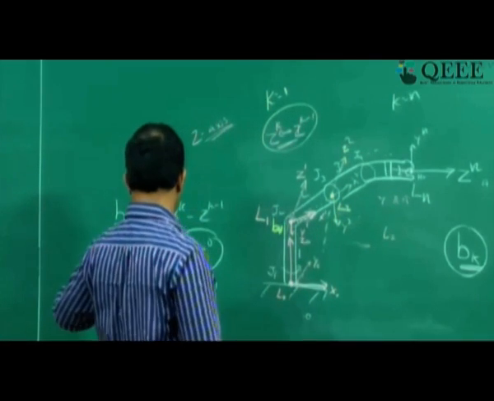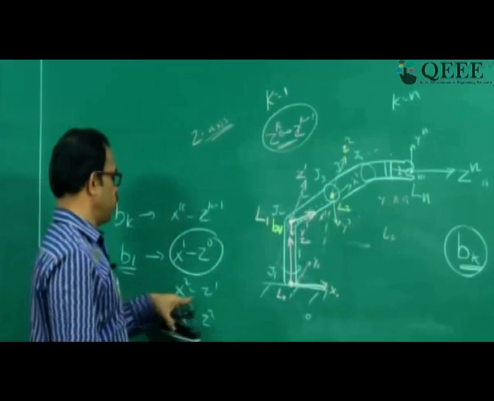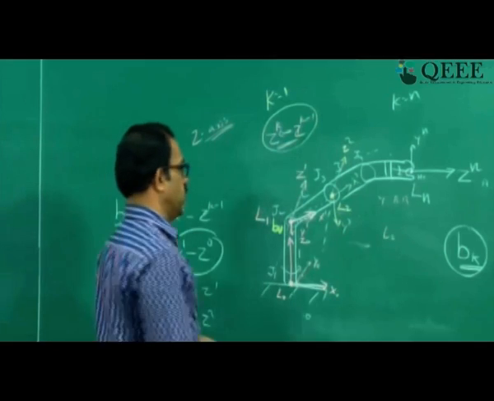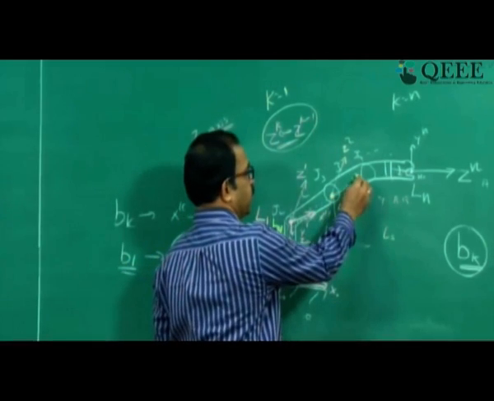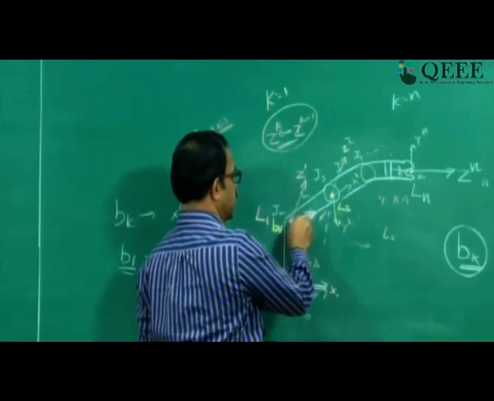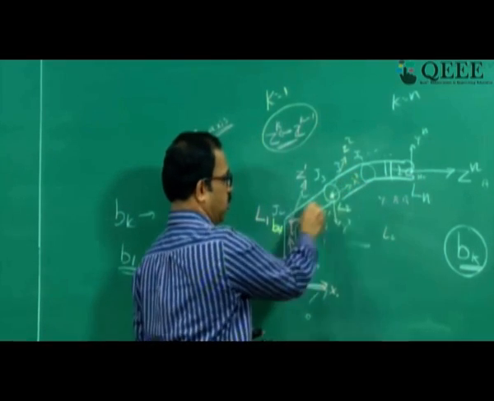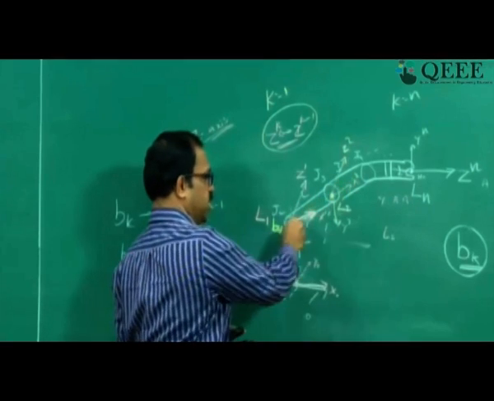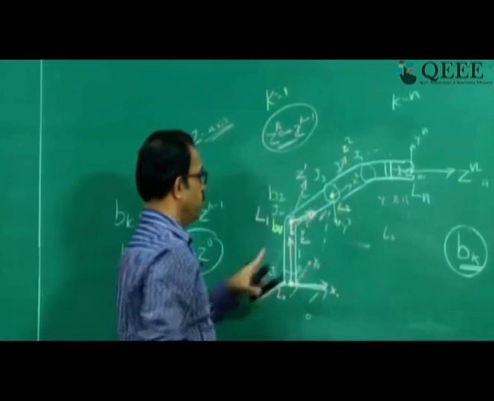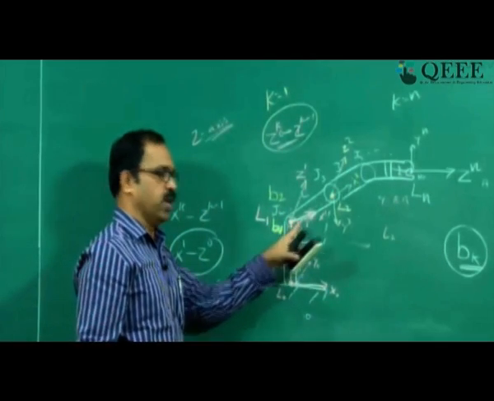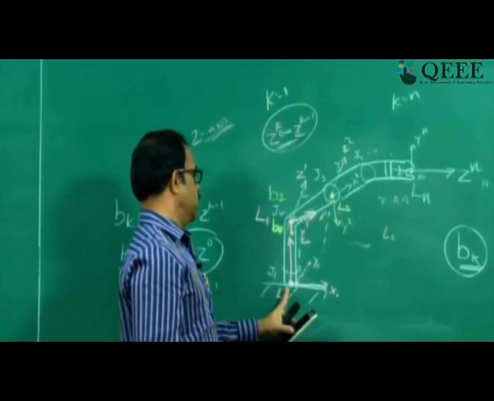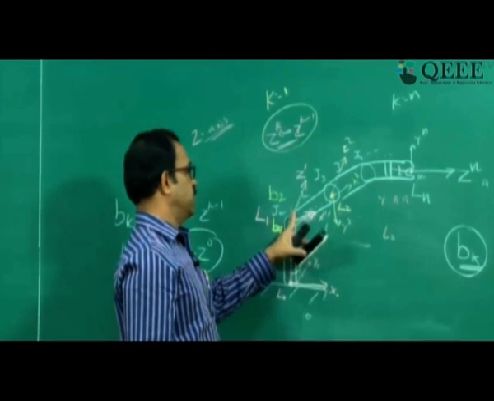Similarly, b2 is an intersection of x2 and z1. Looking at b2, this is x2, and it intersects with z1 at this point. So x2 will be assigned in this direction, it will intersect at this point, and this will be b2. So b1 and b2 will be at the same point because of the intersection of x2 here and z0 and x1 here.